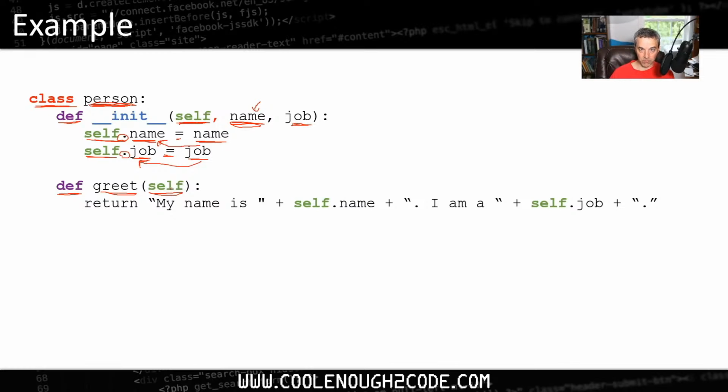So it's a self-reference back to the object that contains this particular greet method. And so what this is going to do is it's going to return a string. But notice that I'm not passing any additional properties or parameters into this particular method. It's just taking the self parameter right here.